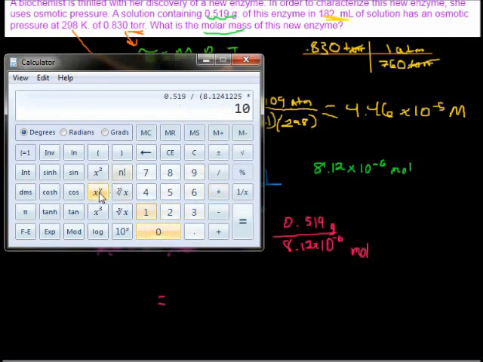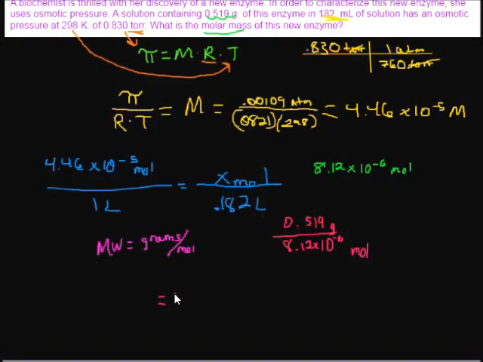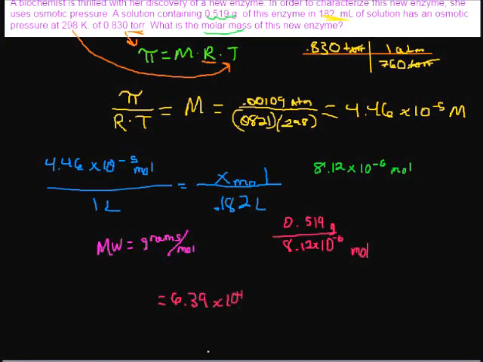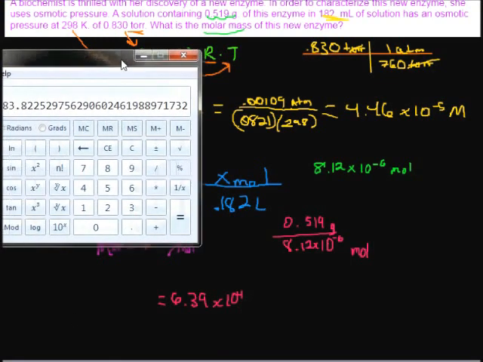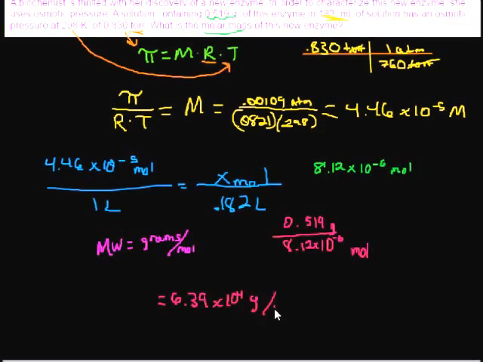Times 10 raised to the 6, which equals, well, wow, that's a really big one. And we need 6 sig figs, so 6.39 times 10 to the 4th, I believe, right? Yep, to the 4th. Grams per mole.